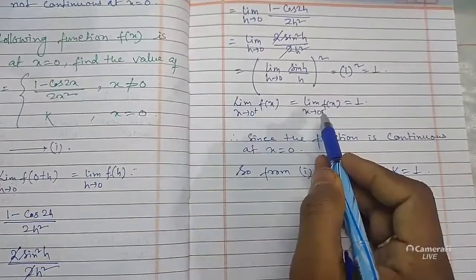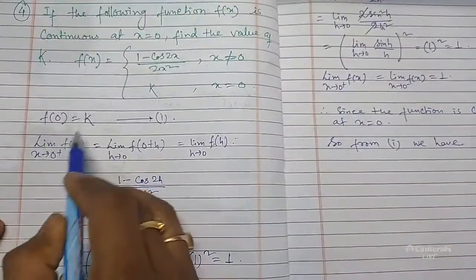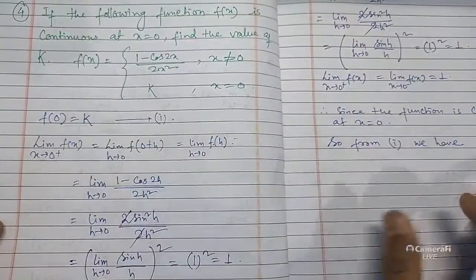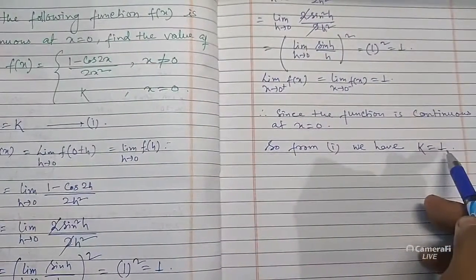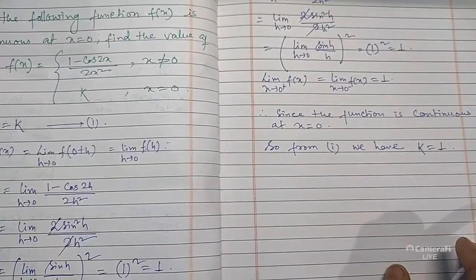So if these two limiting values are equal to the functional value f of 0, then the function will be continuous. So when k equals 1, only then is the function continuous.